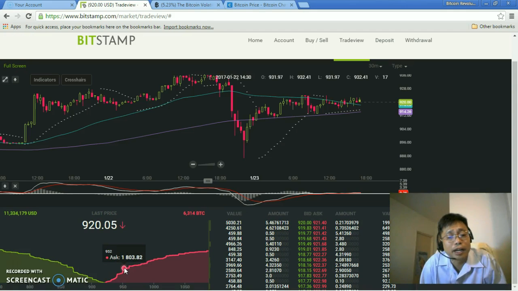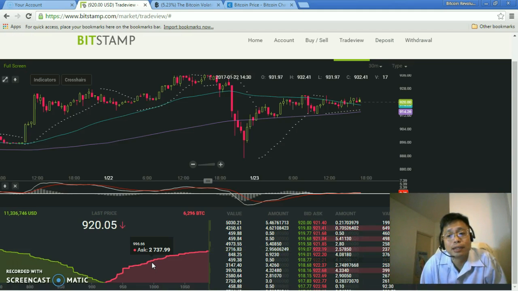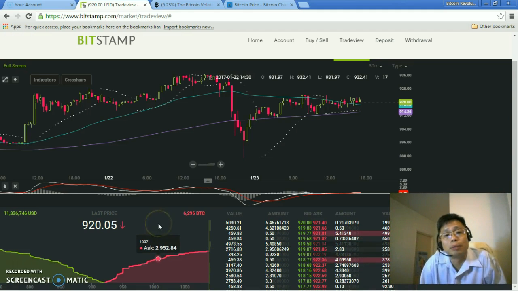However, after this 950 breakthrough, then we will have a very shallow hike all the way up to 1000. That's at least what we see at the seller list in Bitstamp. That's all I would like to share for today as far as Bitcoin price is concerned.